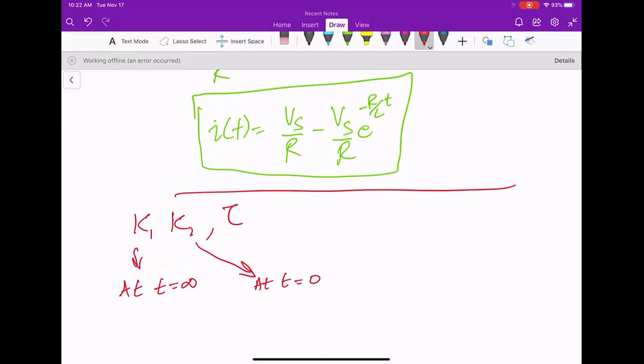So that's what I have done. But I will solve another problem to show one more thing. Right now, we just saw that there is t is equals to 0, but there is something more to it. But for the procedure, we need to know K1, K2, and tau. Sounds good? Yeah.